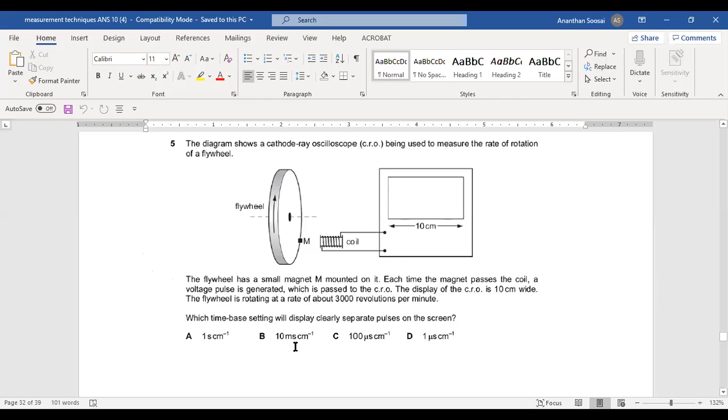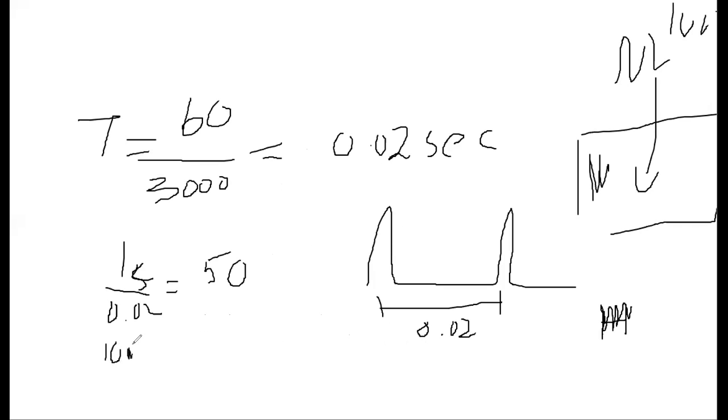B, how many pulses in a centimeter? 10 millisecond divided by 20 millisecond. 20 milliseconds is 0.02 seconds, right?